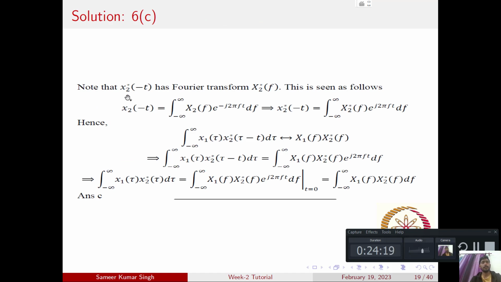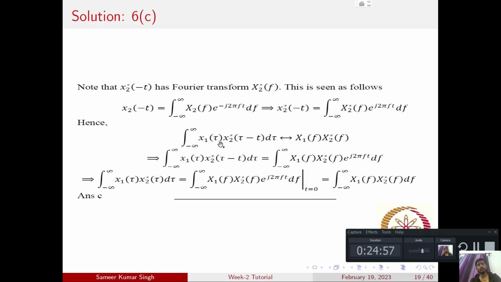One point to note is the Fourier transform of x2 star of minus t. This is seen as follows. We have x2(minus t), and whenever we calculate the Fourier transform, here we are taking the conjugate. So X2(f) becomes X2 star(f), and e to the power minus j2πft, where the minus sign is replaced with plus, minus j replaced with plus j.